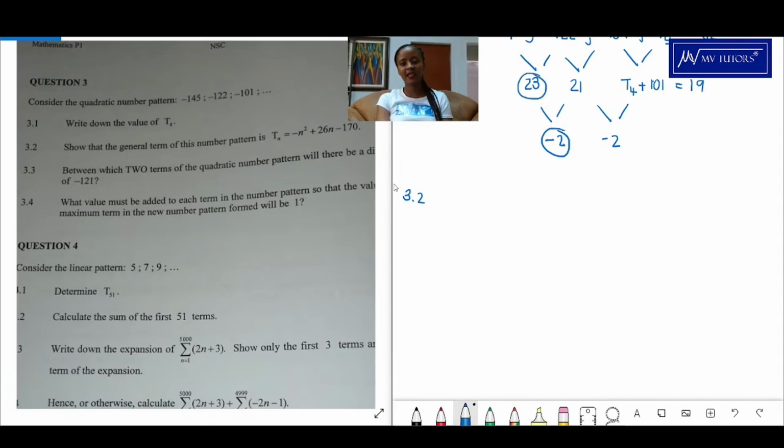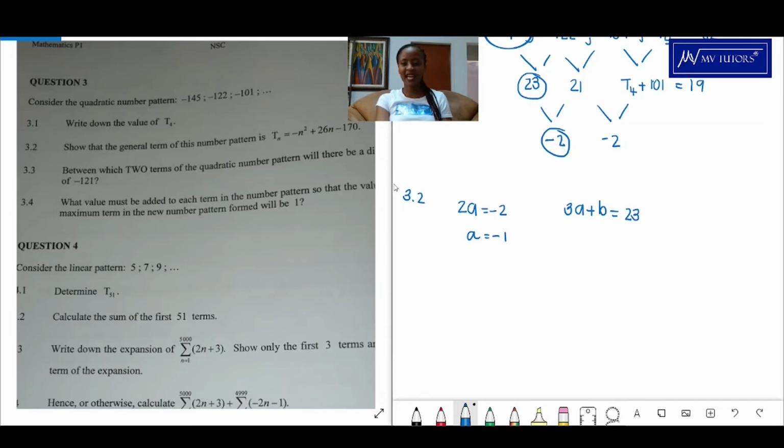I discussed in depth in one of our videos for sequences and series, if you don't understand why I'll be doing this. But yeah, so we're going to have 2a is equal to -2. Therefore we have a as -1. Then we're going to look at 3a plus b, which is equal to 23.